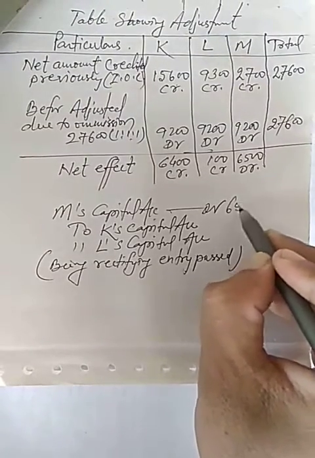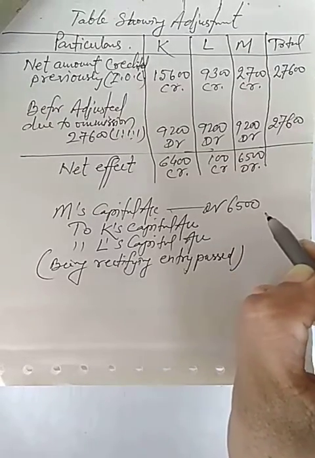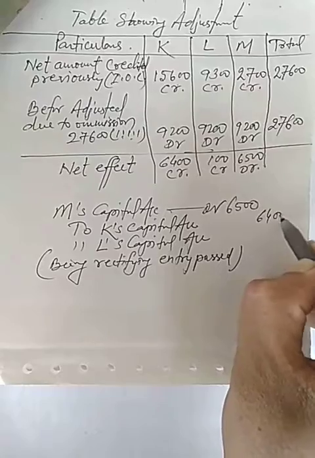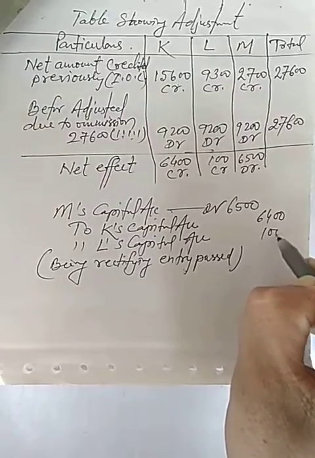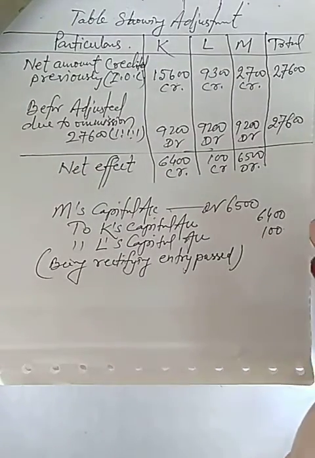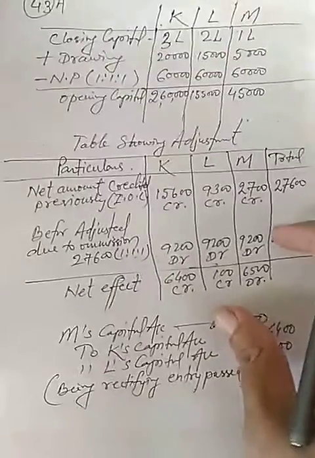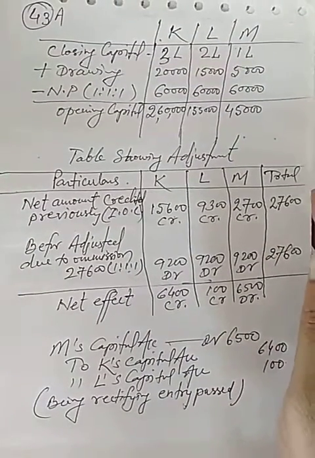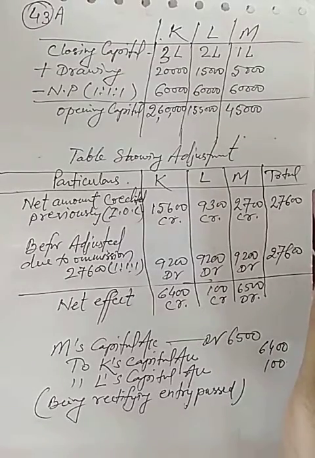Amount will be 6,500, K 6,400, and L 100. So student, this is the solution of question number 43.